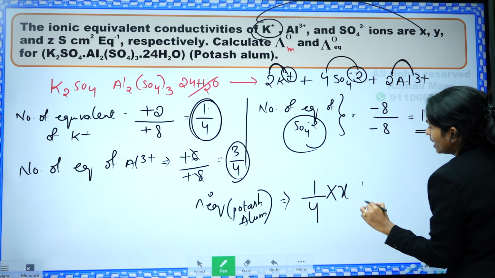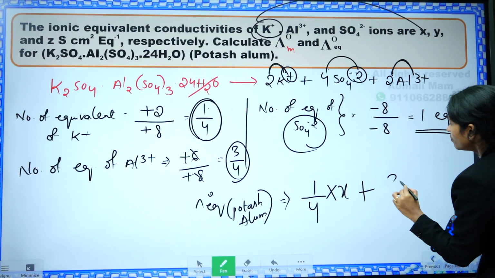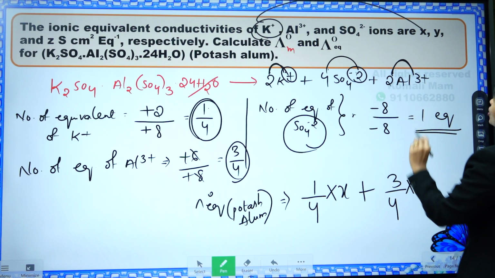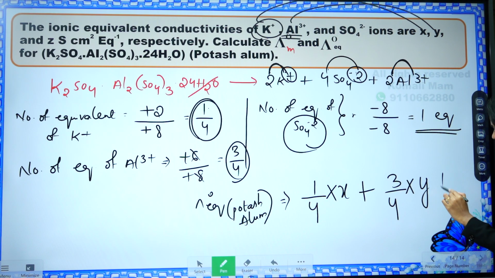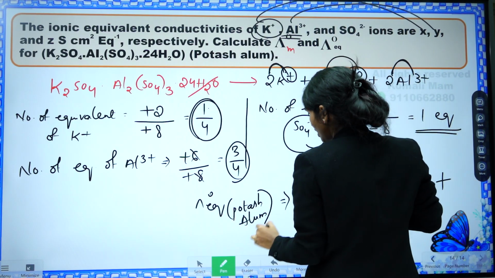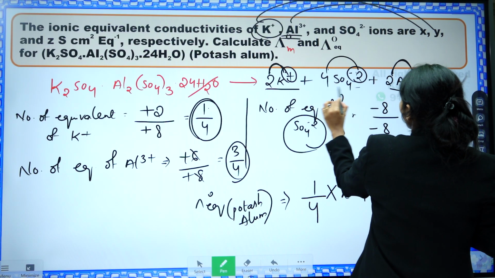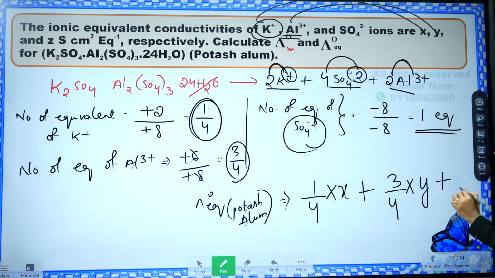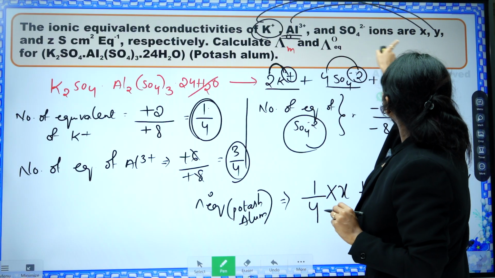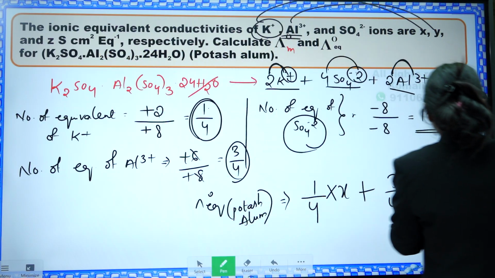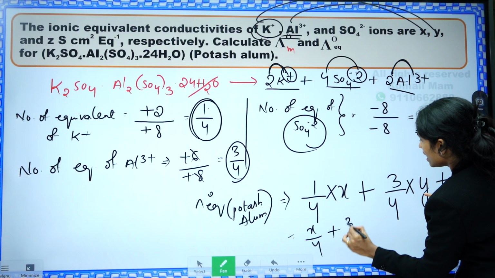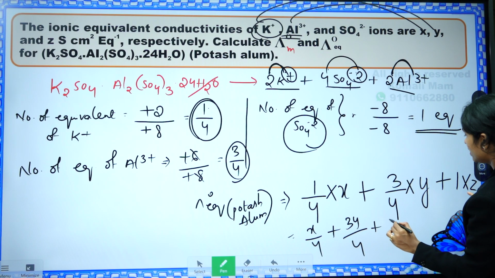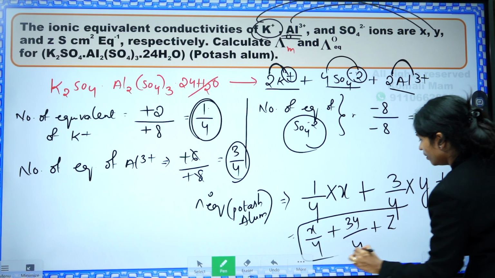X. Plus, how many equivalents of aluminium? 3 by 4, into each aluminium ion equivalent's conductivity, which is Y. Plus sulfate ions. Sulfate ion, how many equivalents? 1 equivalent into each ion conductivity, which is Z. So write Z. Then it will be X by 4 plus 3Y by 4 plus Z is the formula.